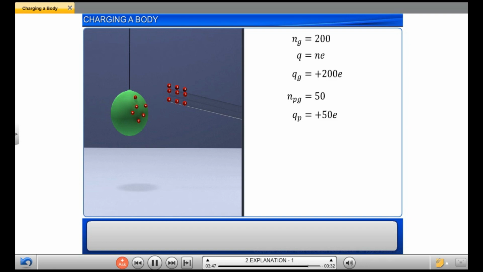Similarly, the glass now has a charge of +200e - 50e, where -50e is the charge due to the 50 electrons gained by the glass. Therefore, the effective charge on the glass is +150e. Hence, it has become less positively charged compared to its original state.